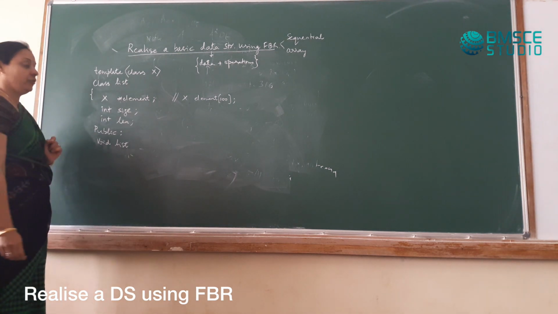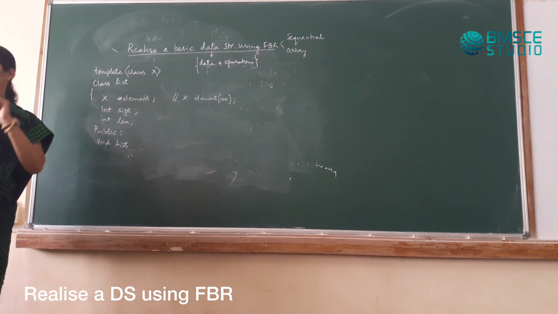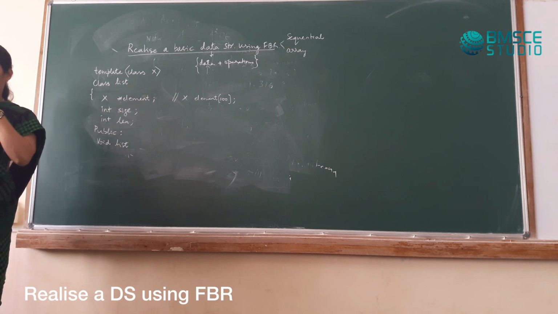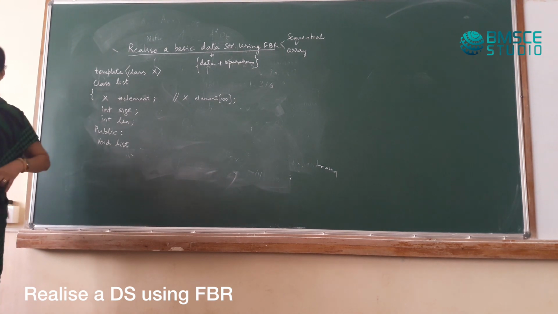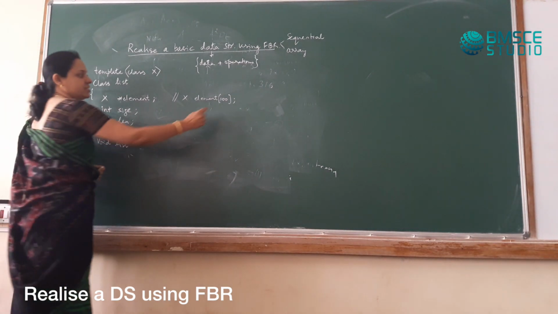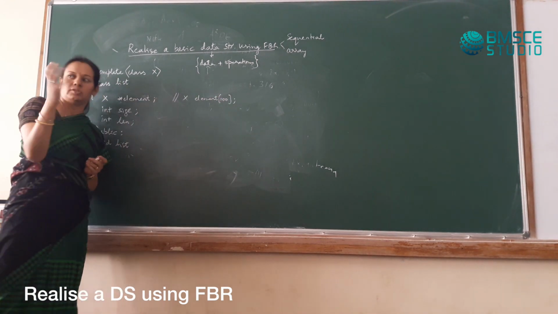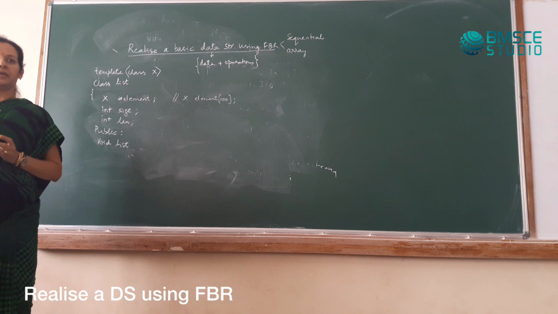Okay? And the way in which we would write the constructor, do you think we will need arguments? No. See, we want the user to specify if it is an array of 100 or 1000 or 10 or 5 or 10,000. We want the user to tell us that.